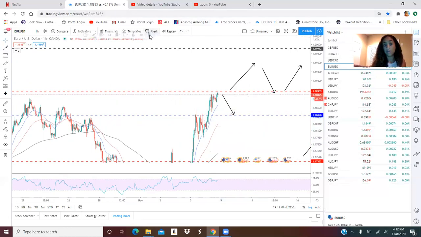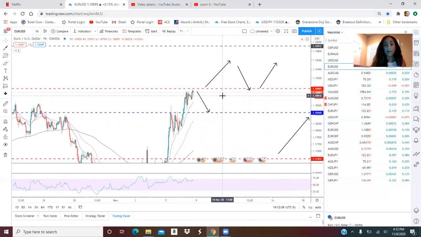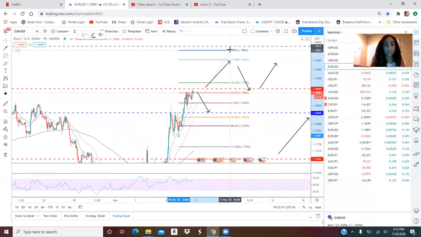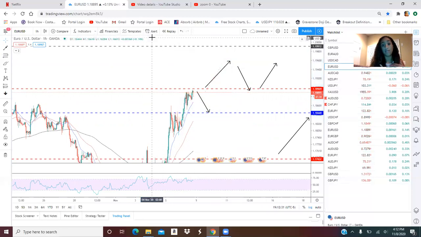I'm thinking price is going to go up here a little bit more, and then probably up here somewhere, and then come back to this zone. This will be the 50% zone, depending on how far it goes up. But I'm looking for some sort of action from this level. That's me.